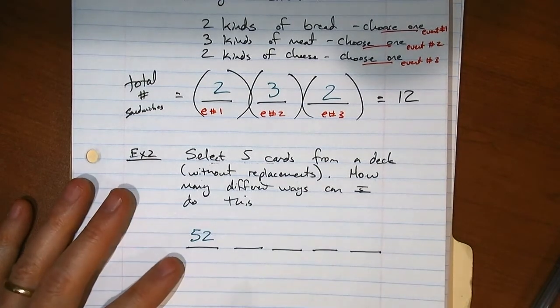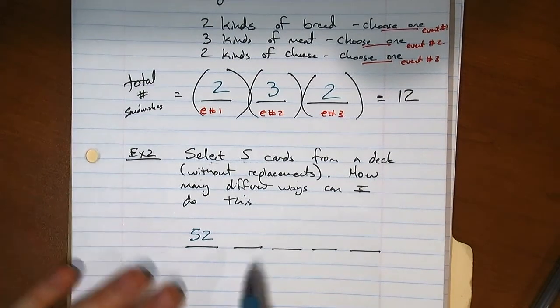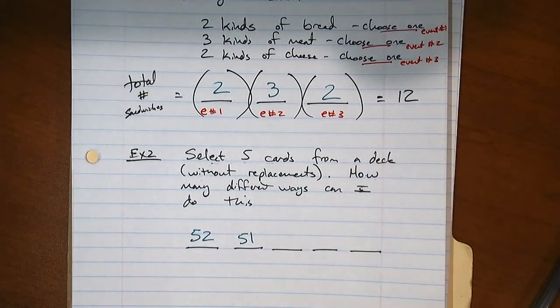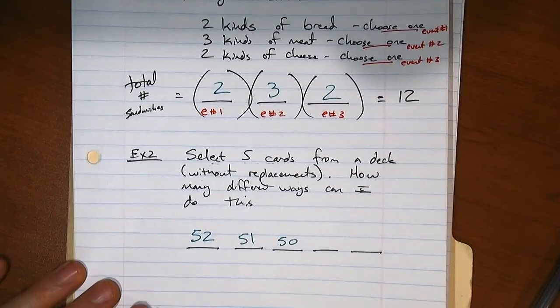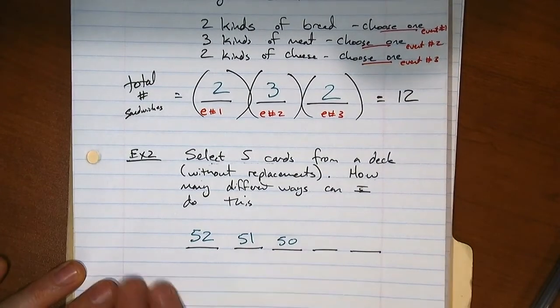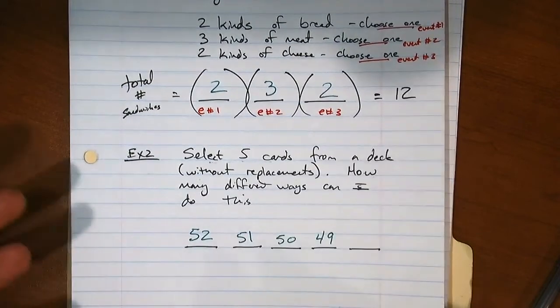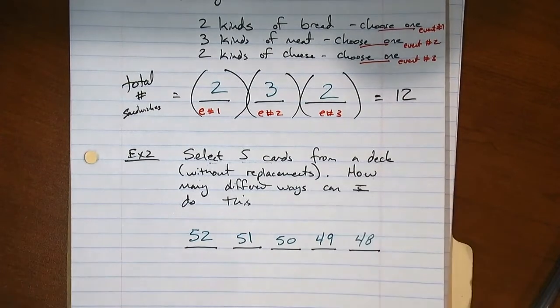So there's no longer 52 options. The next time I pick, there's only 51 options because I didn't put the card back. Then the next time there's only 50 options because I've already taken 2 cards out. Now I've taken 3 cards out, so there's only 49 options. And the last time, because I've already taken 4 cards out, there's only 48 options left.